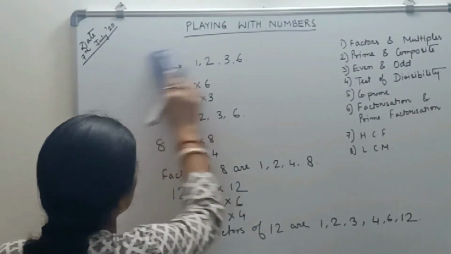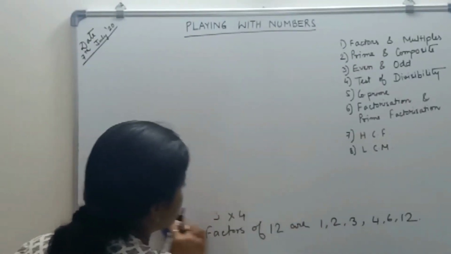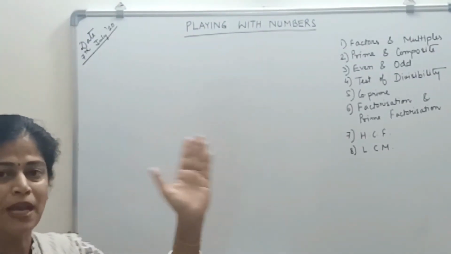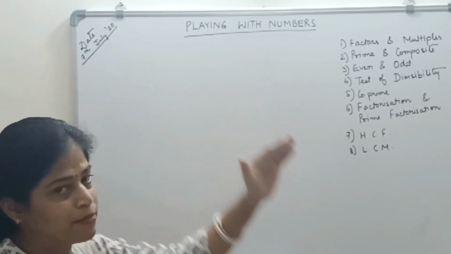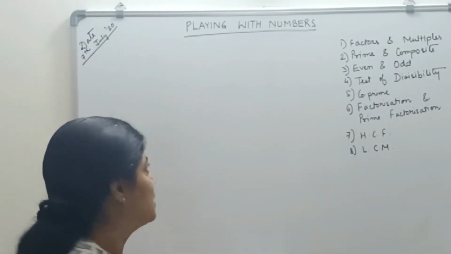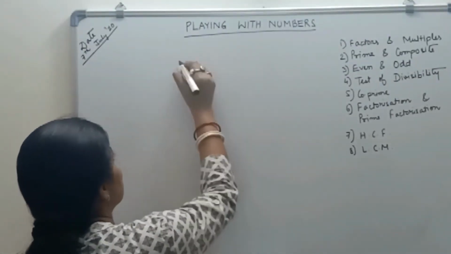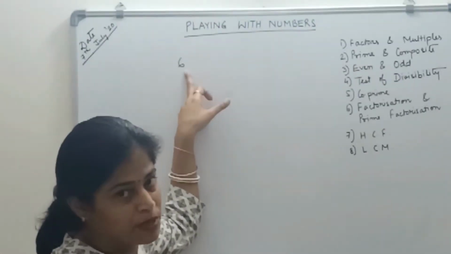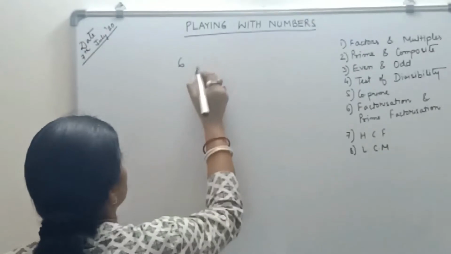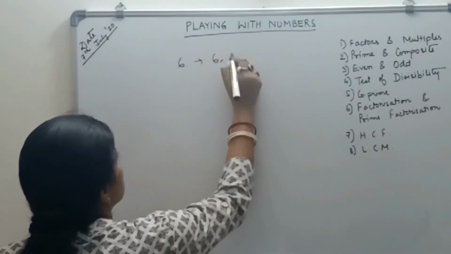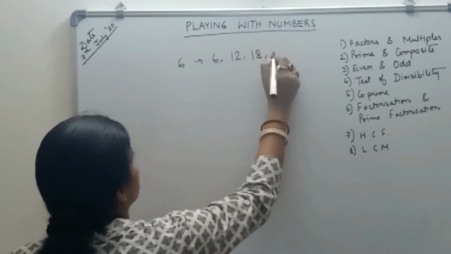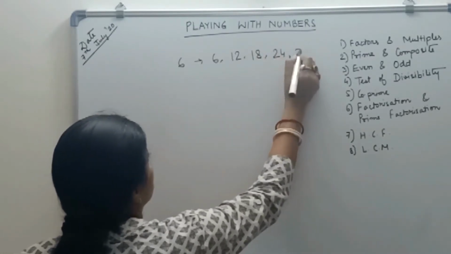Now, coming to multiples. Multiple means if a number is multiplied with a natural number, then the numbers we obtain are called multiples. Suppose I take the same number 6, what are the multiples of 6? If I multiply 6 with natural numbers such as 1: 6 ones are 6, 6 twos are 12, 6 threes are 18, 24, 30.